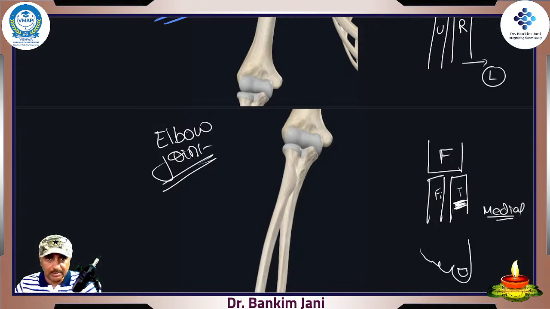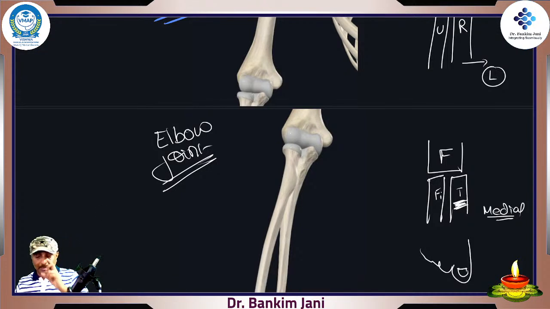Now, these areas are not that big like, say, trochanter or tuberosity, greater tuberosity or lesser tuberosity. No, they are not big. They are slightly small. So that's why they are like a protrusion. They are just protruding slightly outside.